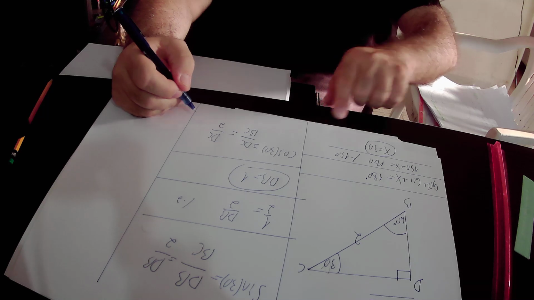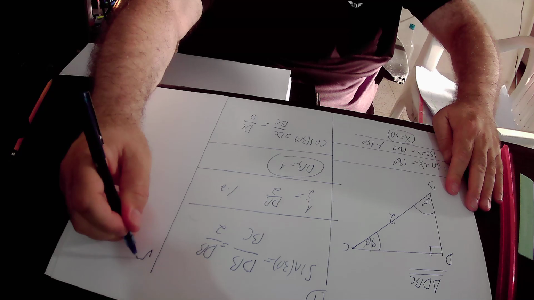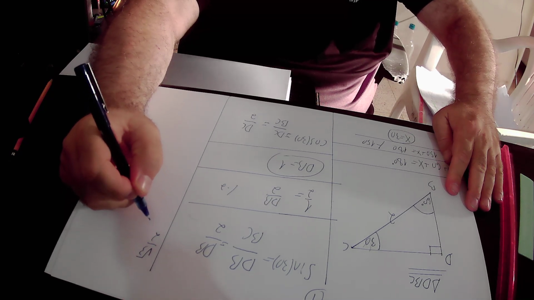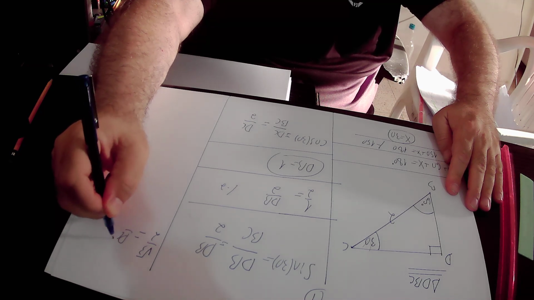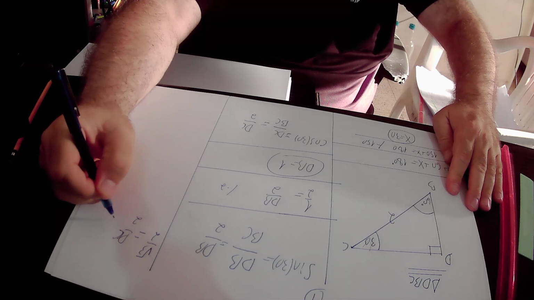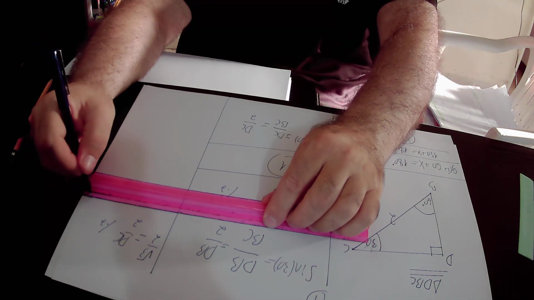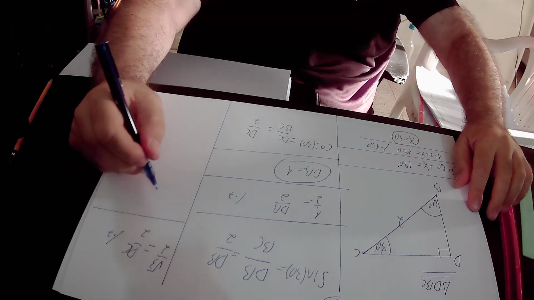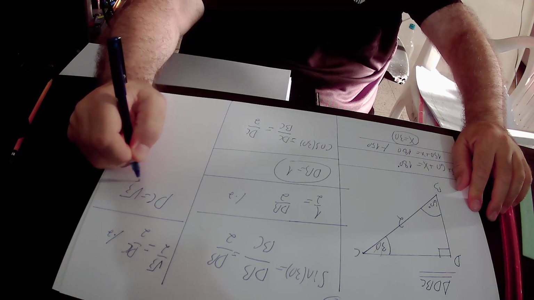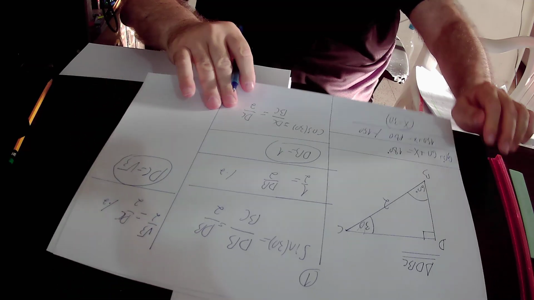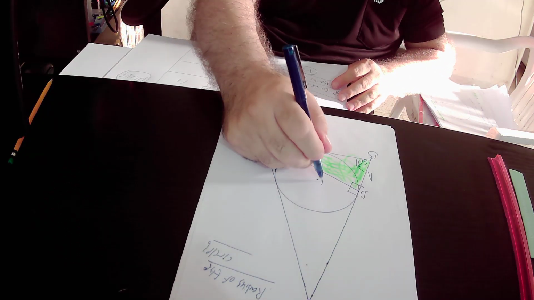And we also know that cosine 30 degrees is square root of 3 over 2, so we'll substitute cosine 30 degrees by square root of 3 over 2. So square root of 3 over 2 equals DC over 2. Here we multiply this equation by 2, and we get that DC is equal to square root of 3 units.